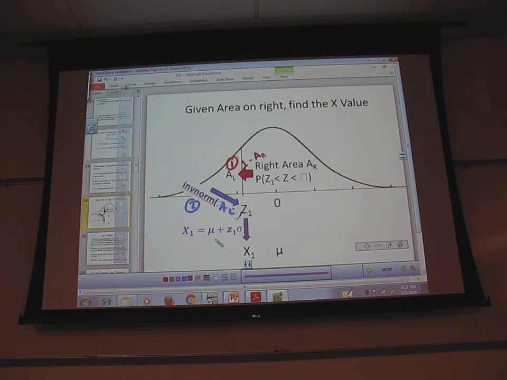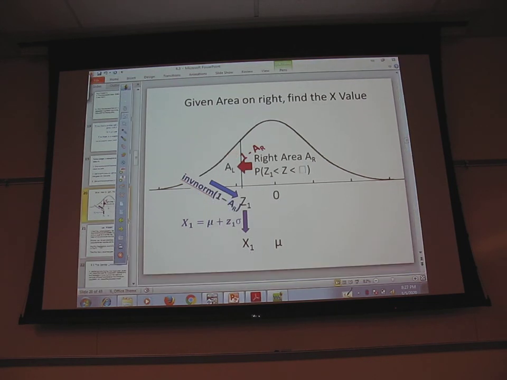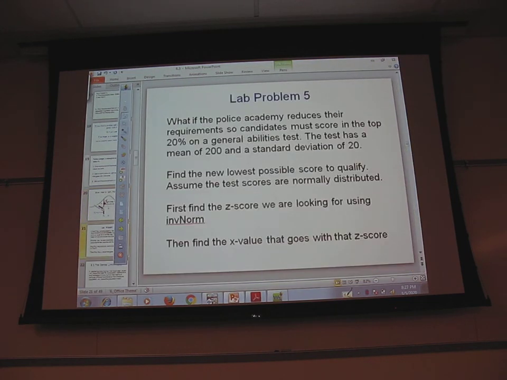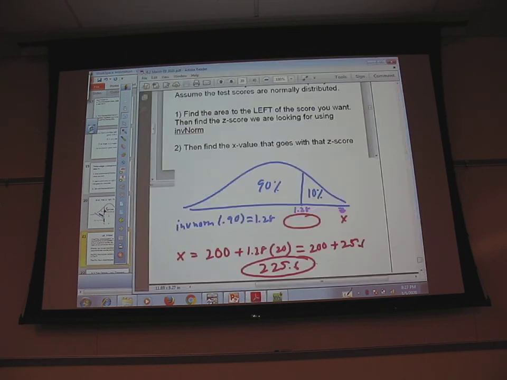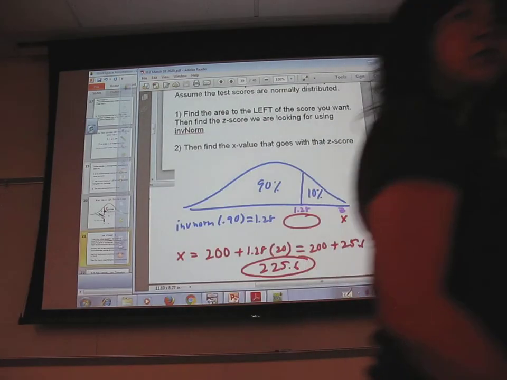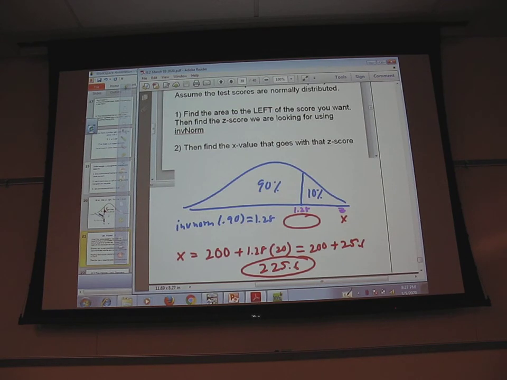And the last step is convert that z-score to an x value. You guys do lab problem 5. If you needed it, this is the example we did at the end of last class, at the bottom of page 6. Lab 5 is the top of page 7. So go ahead and take a few minutes and work on that.